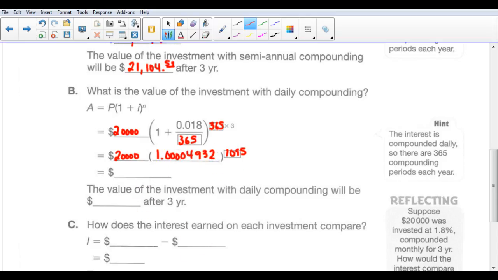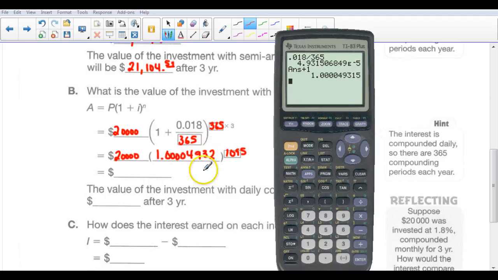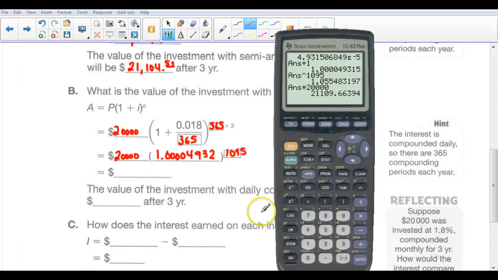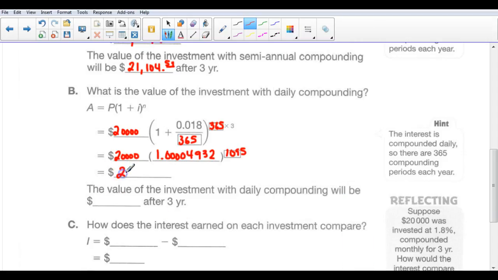Now, I just do the math on that. So I take that number, I put it to the exponent of 1,095. It seems like it's a really big exponent, and it is, but you'll see what happens here. I get an answer, 1.055483197, and I multiply that by $20,000, and I get an answer of $21,109.78.